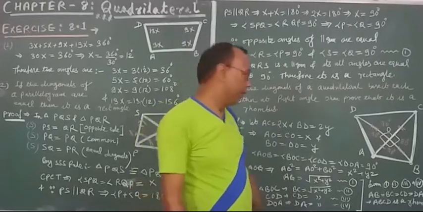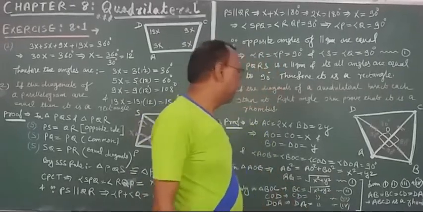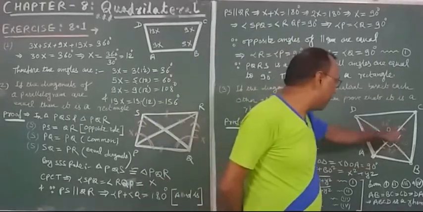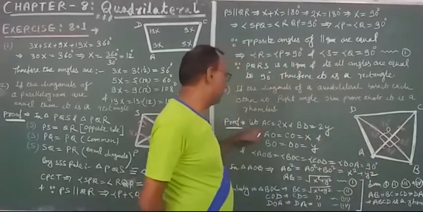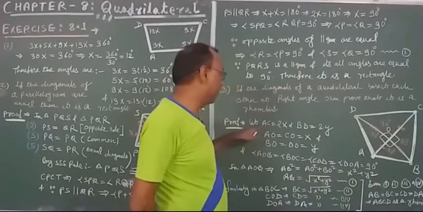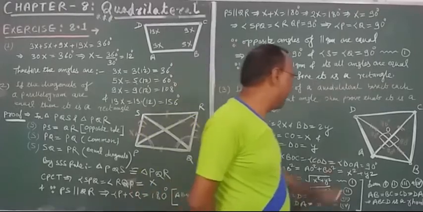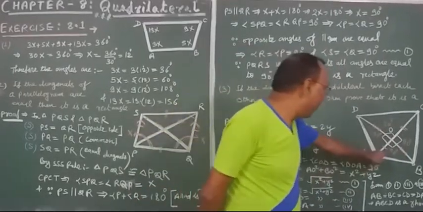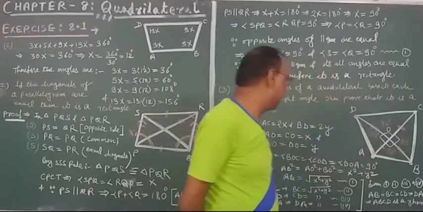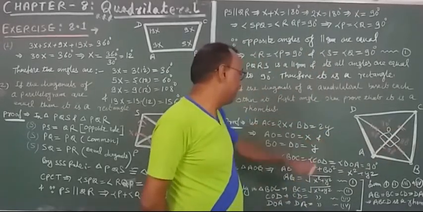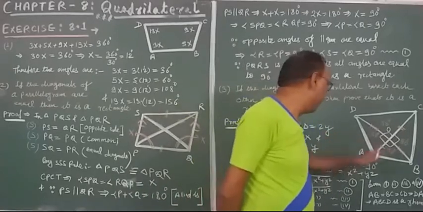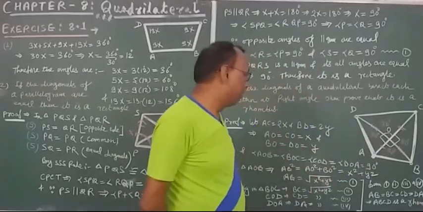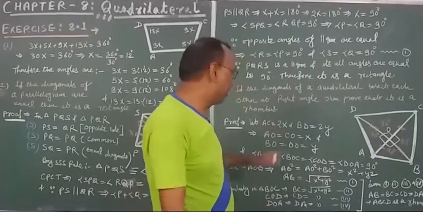Is it okay? Now let the length of the diagonal AC be 2x. This I have taken. Let AC is equal to 2x and BD is equal to 2y. So therefore, AO and OC will be equal to x, and BO and DO will be equal to y. What is the length of AC? 2x.